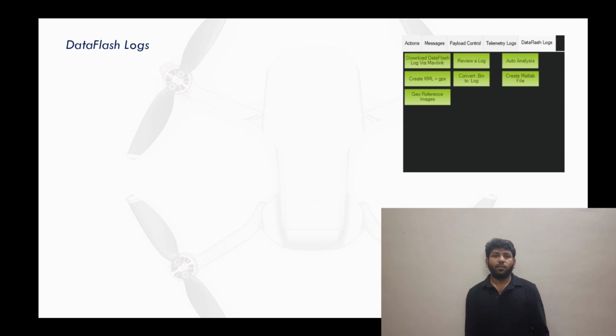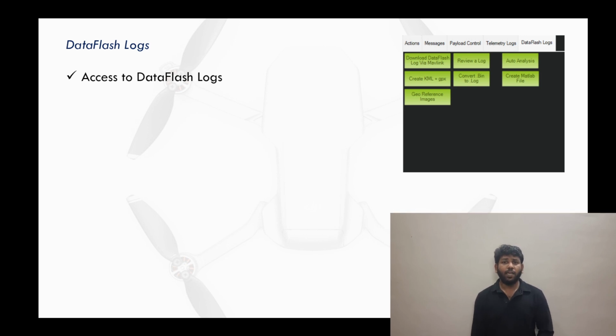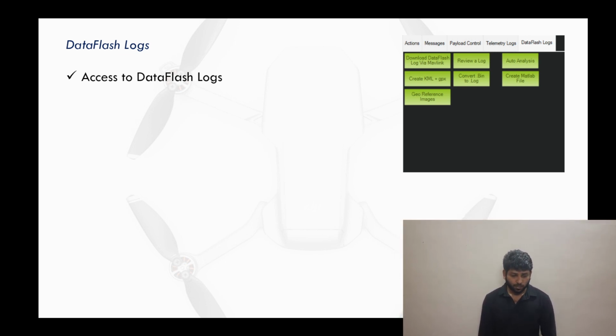In Mission Planner, the data flash log is a feature that allows users to analyze data flash logs recorded by the autopilot. These log files contain time-stamped data recorded during flight. It includes sensor readings, GPS position, altitude, airspeed, and motor output.